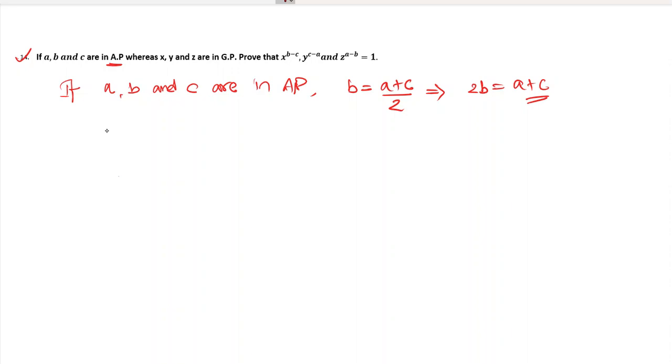And if X, Y, and Z are in GP with common ratio R. Okay, do we have R in the question? We don't have any common ratio R in the question, right?